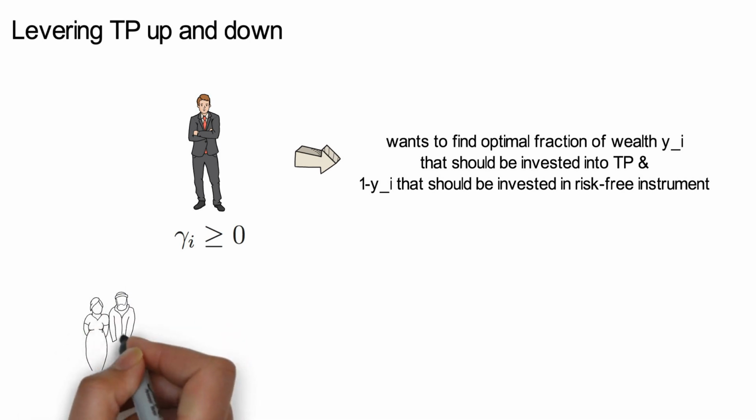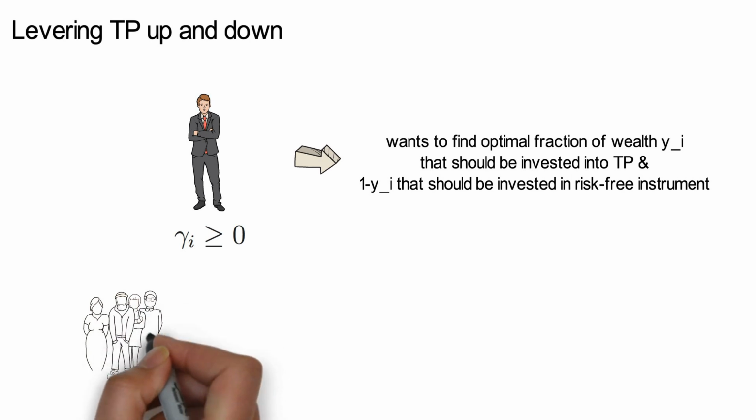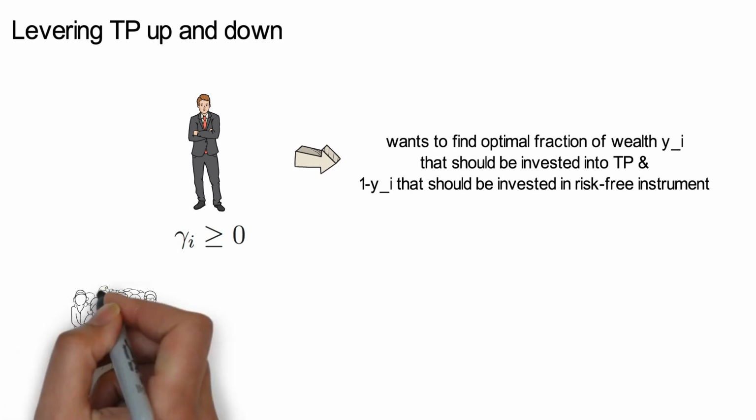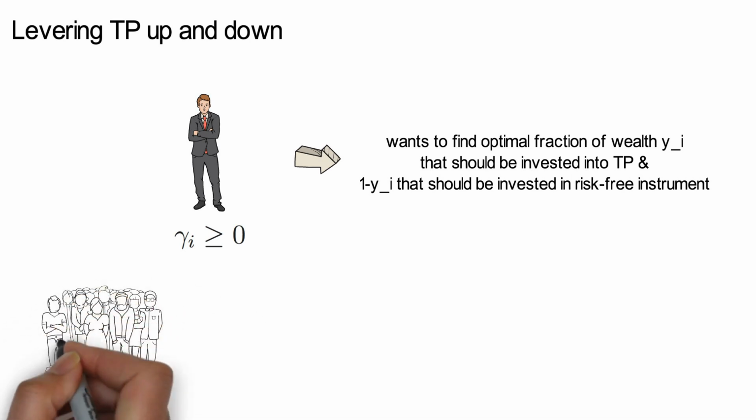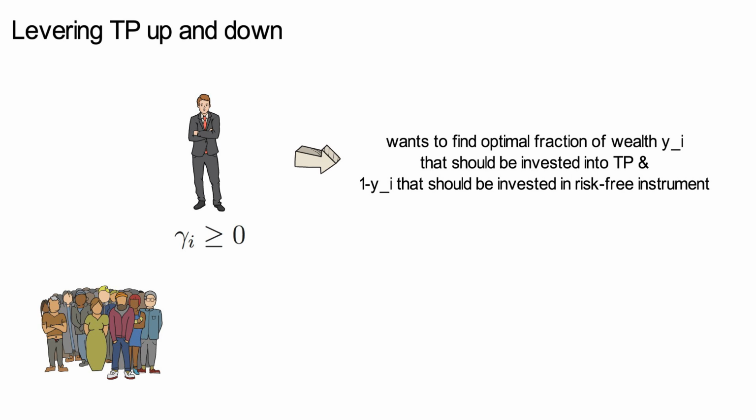So if we connect back to the case where we are looking for the optimal portfolio for each of the 200,000 employees of Daimler, we would solve the following problem.